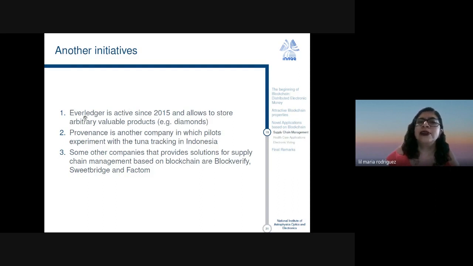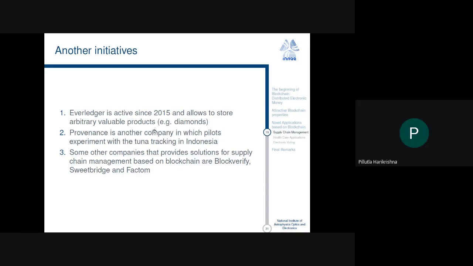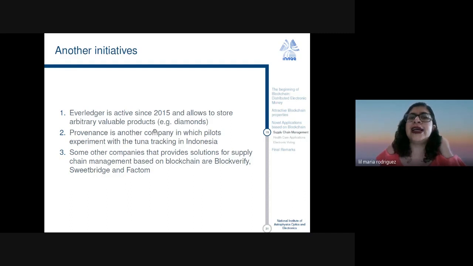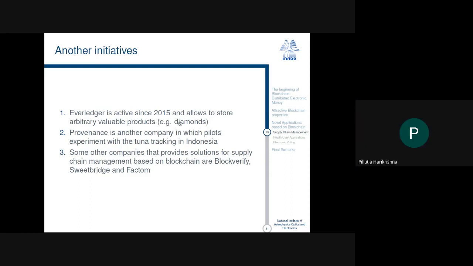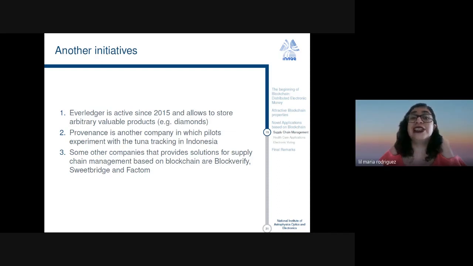One of those is Everledger, which has been active since 2015 and allows storing arbitrary valuable products, specifically diamonds. The idea was to work with diamonds and check how good the quality of the diamond is.